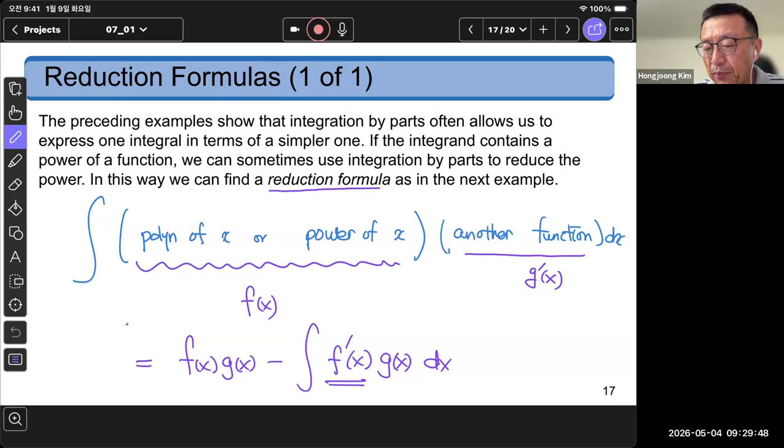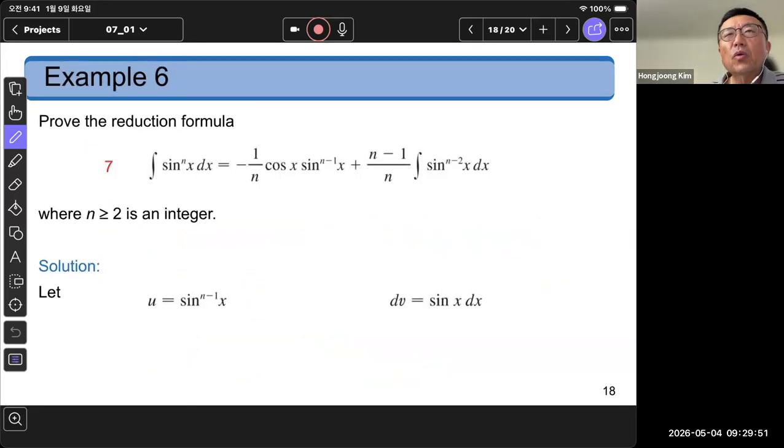Now, in the example, we want to prove this formula. If you see the exercise, we have similar problems for cosine and some other functions. When I look at problem number 7, I have only a single term, some power of sine x, instead of just x.